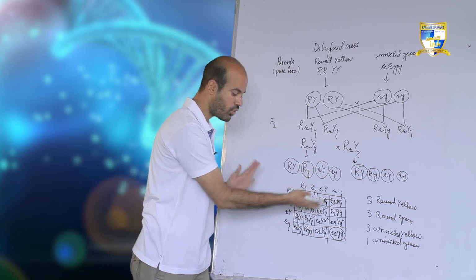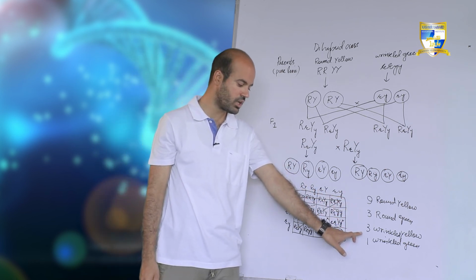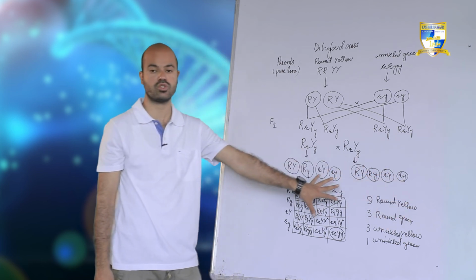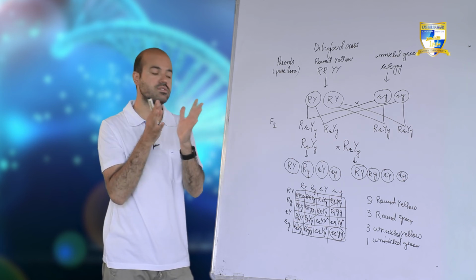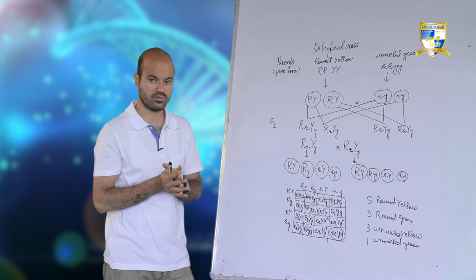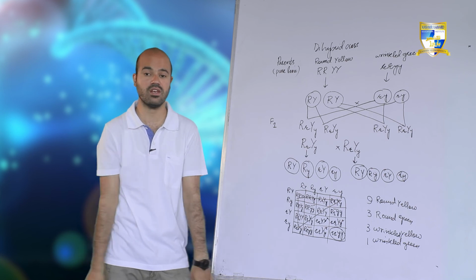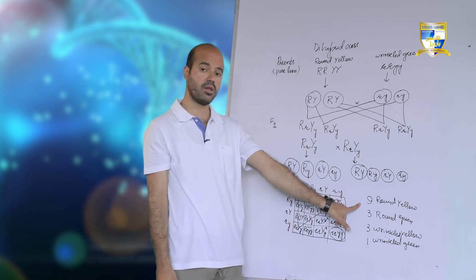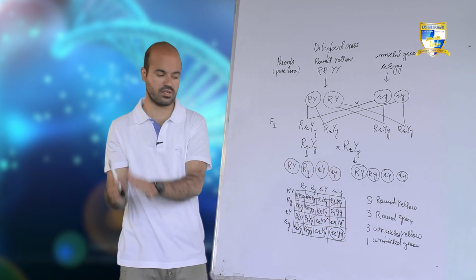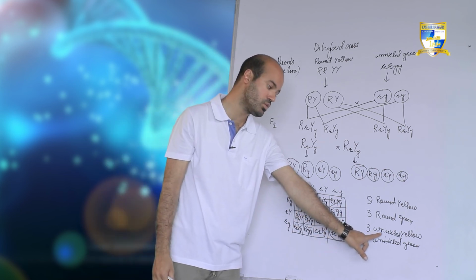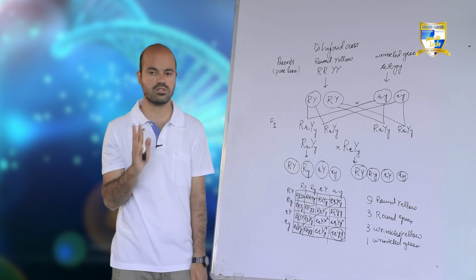Until and unless you observe it, you will not get it. This 9, 3, 3 and 1 is actually the phenotypic ratio of dihybrid cross, which means if we are taking total 16 plants in F2 generation, 9 plants will produce round and yellow seeds, 3 plants will produce round and green seeds, another 3 plants will produce wrinkled and yellow seeds, and only 1 plant will produce wrinkled green seeds.